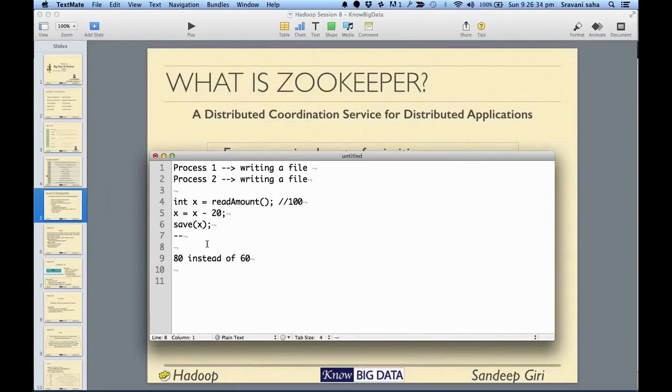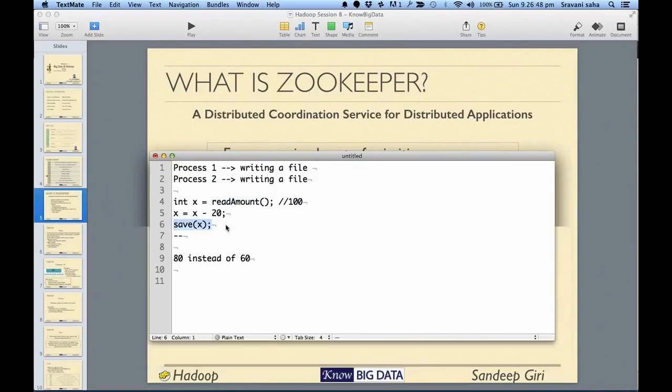Now, if this ATM machine is buggy, if it has the race condition, because it has already read the amount and now it is trying to save, it will save finally as 80, right? And that way the bank got cheated because of the race conditions.